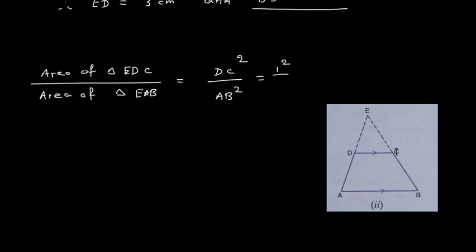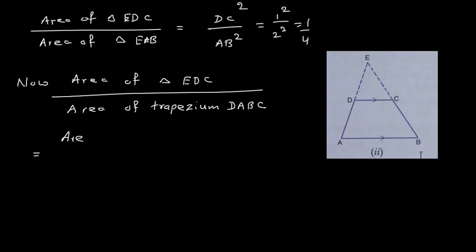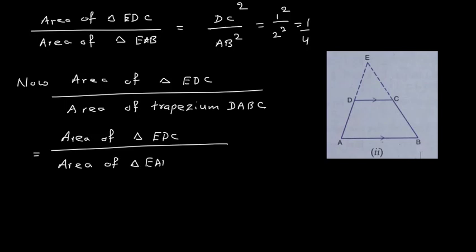So now area of triangle EDC upon area of trapezium DABC, this we can write as area of triangle EDC divided by, this trapezium can be written as area of triangle EAB minus area of triangle EDC.